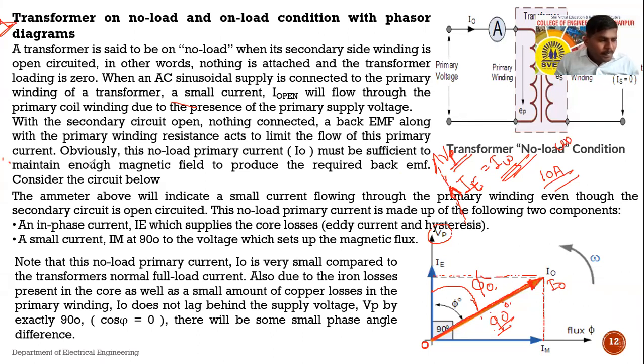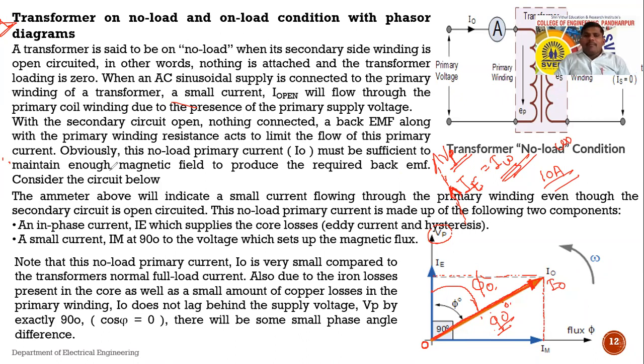Okay, so see, one component is in phase with the supply voltage. हा जो component आहे IE, it is in phase with the supply voltage. So we can call it an active component, or we can call it a no load component.